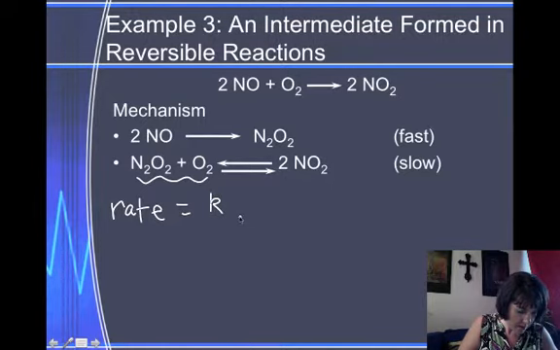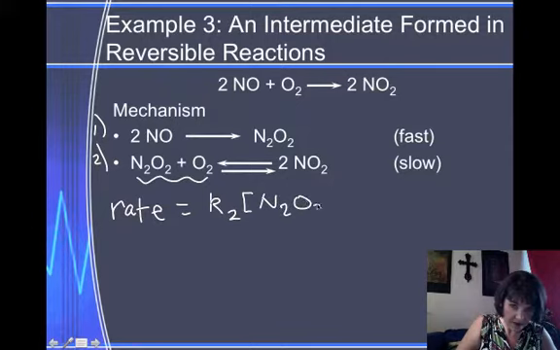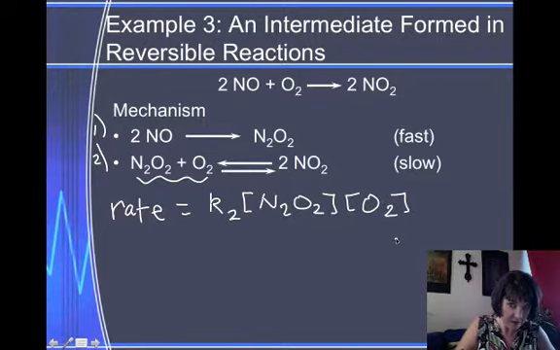I'm going to use the symbol k2 for reaction 2. The rate of reaction 2 is determined by the rate law constant times those reactants. These two things have to bump into each other. That's what the mechanism is saying, and this is the one that's the slow step.